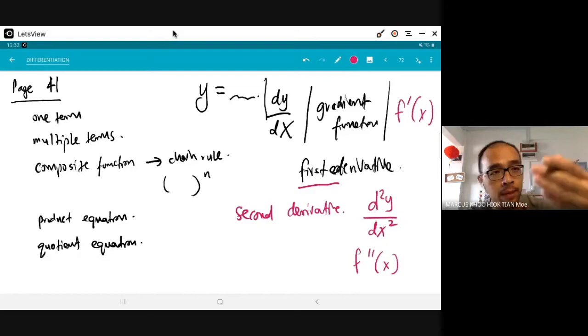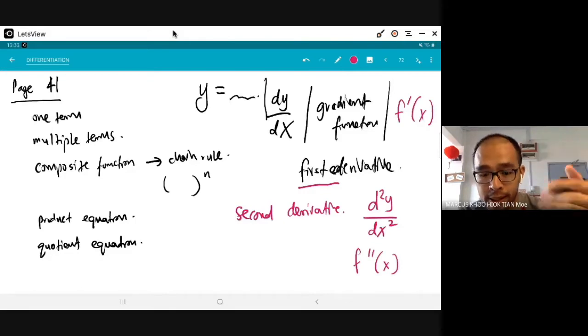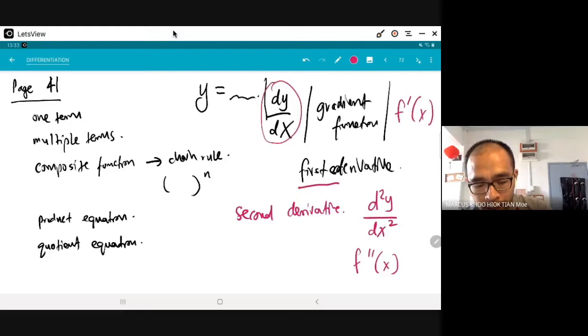Okay, sebab next time kamu nampak saja satu persamaan kan, you should know how to differentiate it and apa huruf yang terlibat. Okay, saya juga ada sebut how you write this dy dx banyak bergantung kepada kamu punya persamaan. Okay, if let's say it is A equals to 3B plus 4, then your differentiation will be dA dB lah.